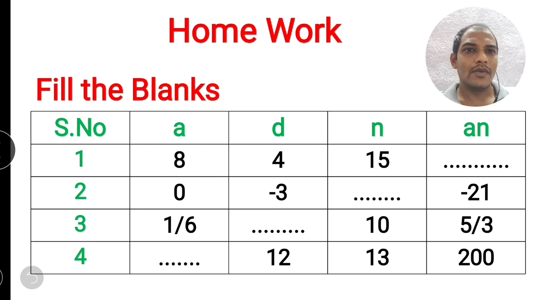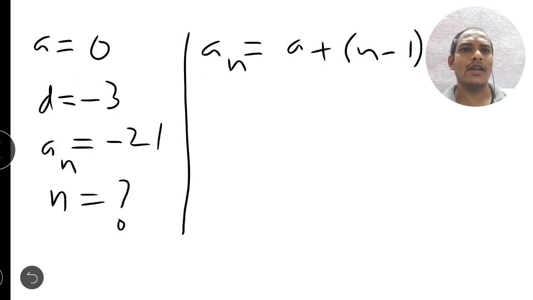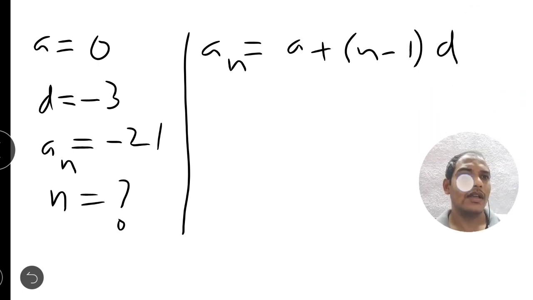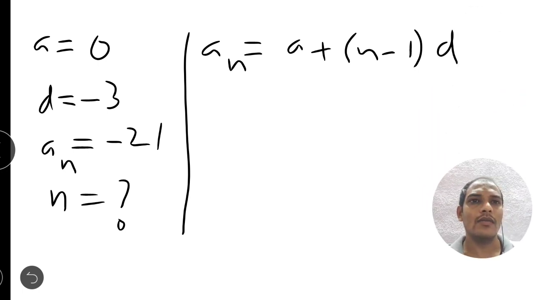Next is the second problem. A, d, a n, three values are given, then asking what is the n value. So a value 0, d value minus 3, a n value minus 21, n equals question mark. Here I have written the a n formula. So let us substitute the given values.